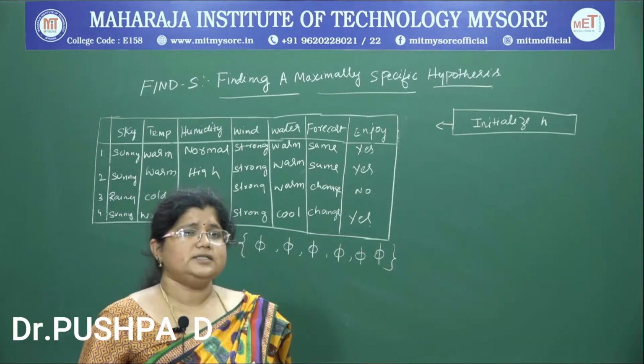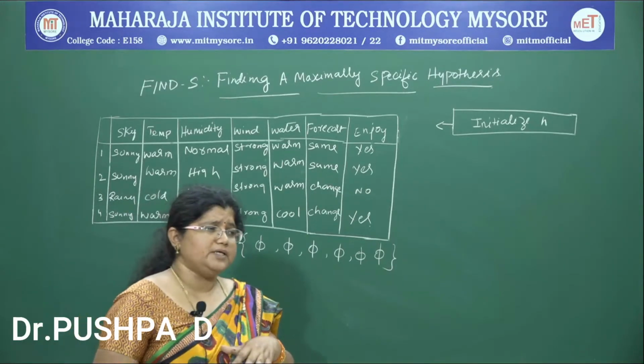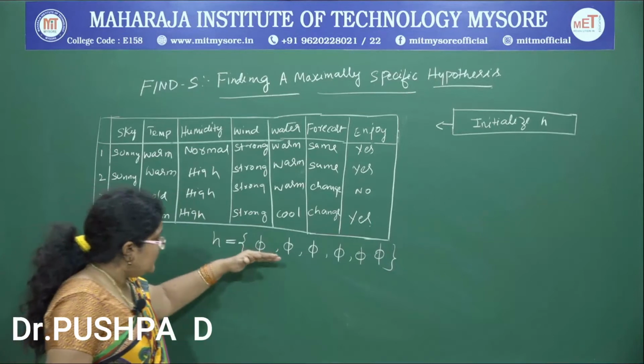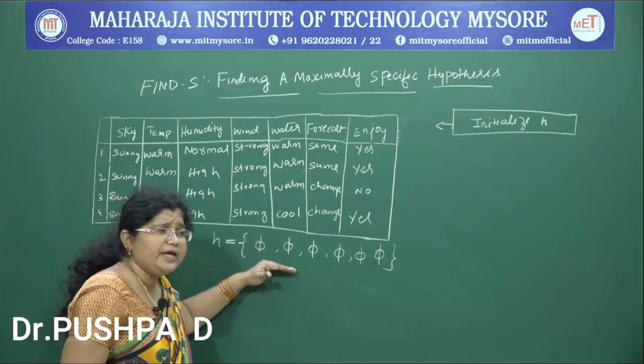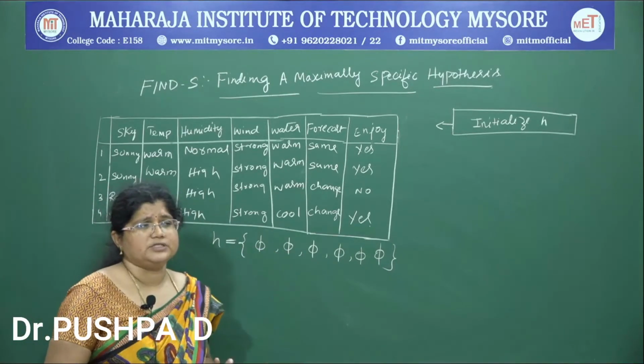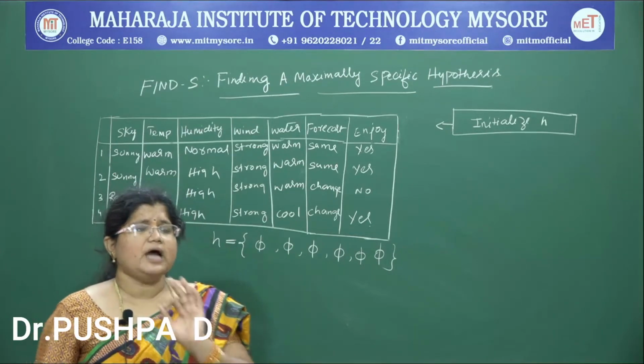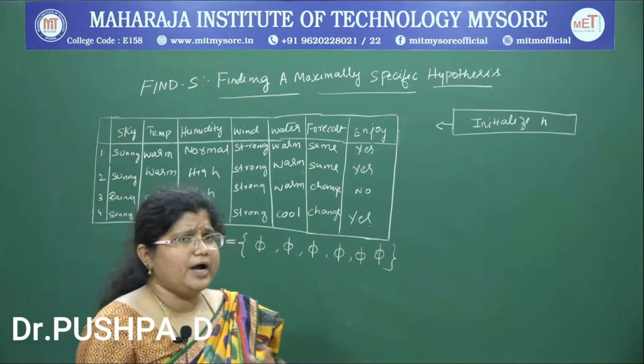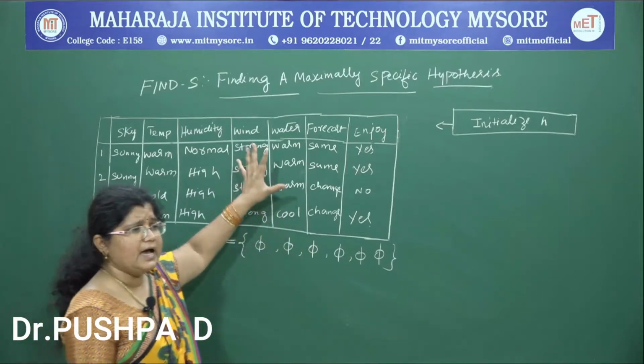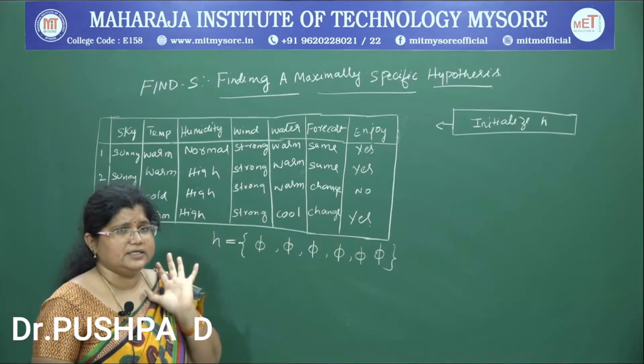Now the next step is to make a generalized form of the hypothesis, so that it addresses all the training examples present in the data set.